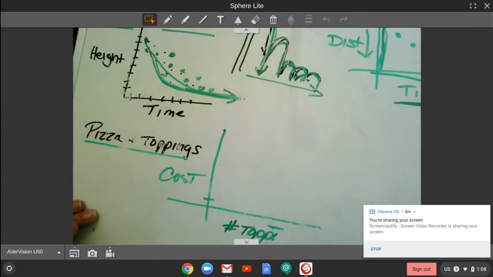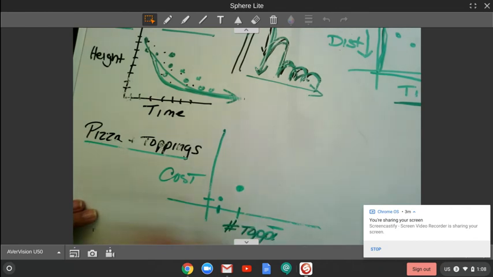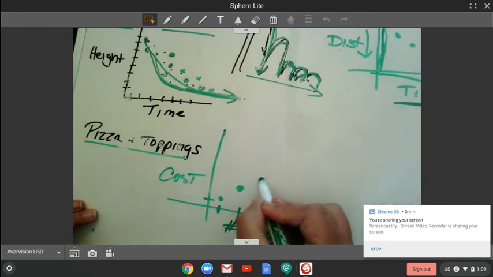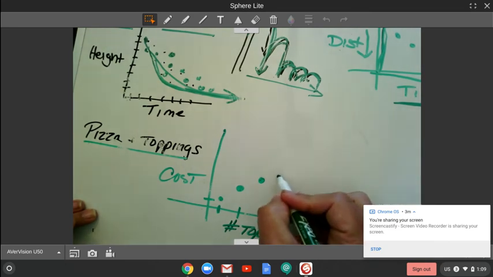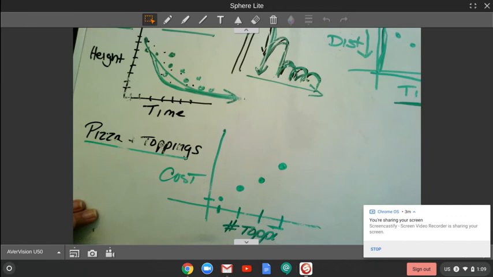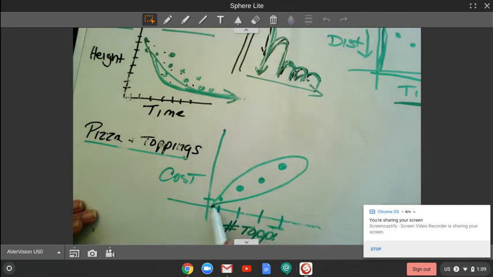Okay, so if I get one topping, it might be $10 for the pizza. 2 toppings would be a little bit more expensive, wouldn't it? 3 toppings would cost even more. 4 toppings, depending on what they are, probably a little bit more. So as you can see, as your number of toppings increases, your costs will also increase. That would be a positive correlation.